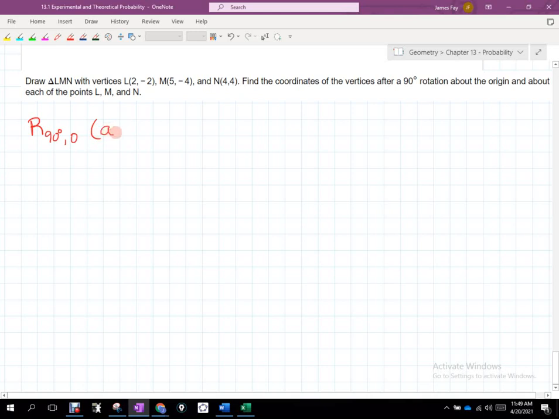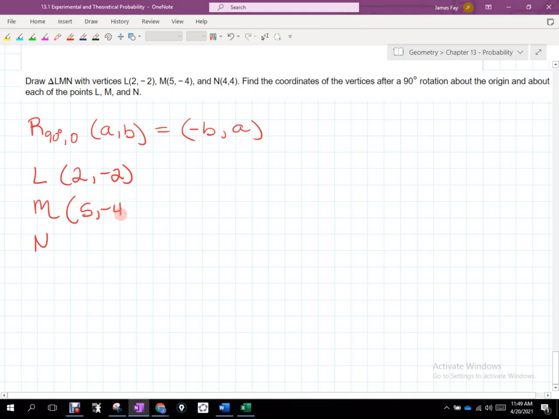If we're doing that, you start with a point A, B. You guys remember it turns into, you flip the ordered pair, and then you negate the first one. That make sense?